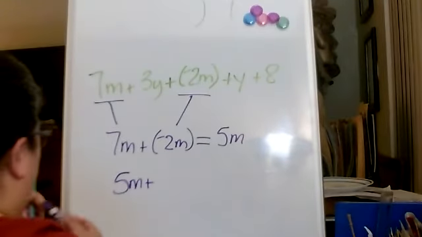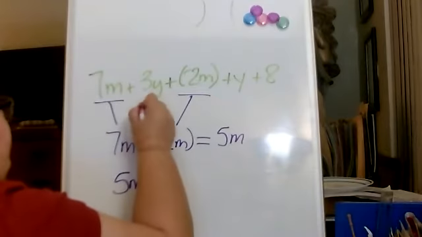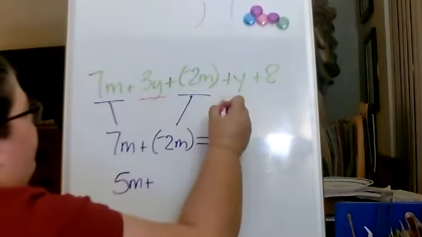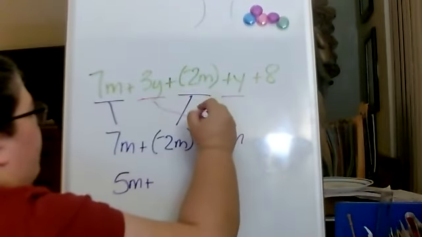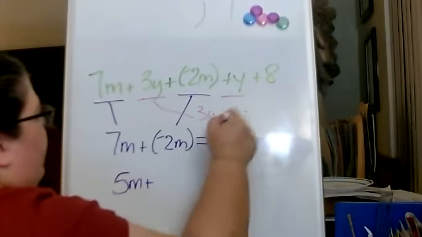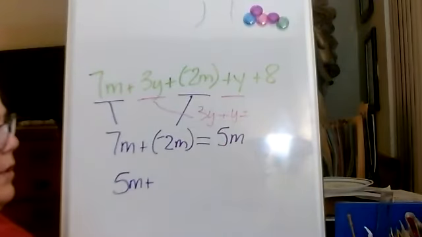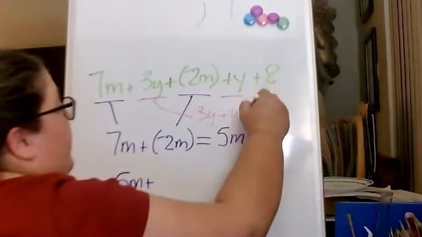Our next terms that we're going to combine are going to be this one, 3y plus y. 3y plus y equals, take a guess, what do you think? 4y.